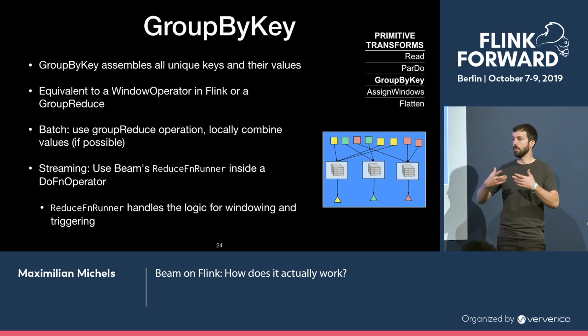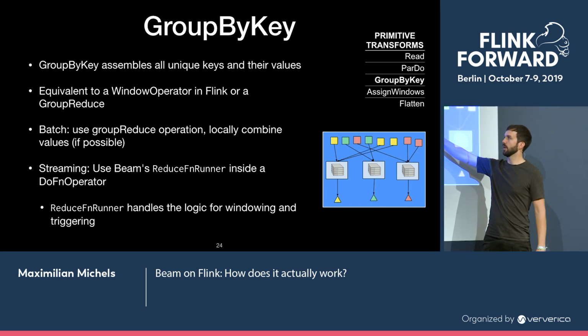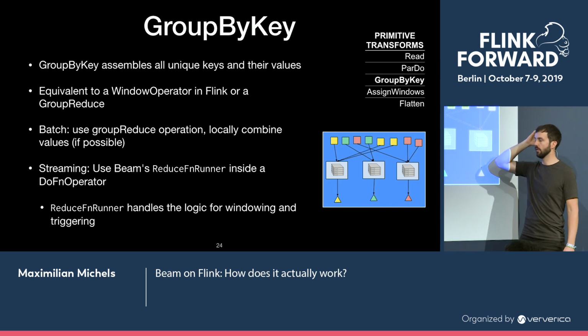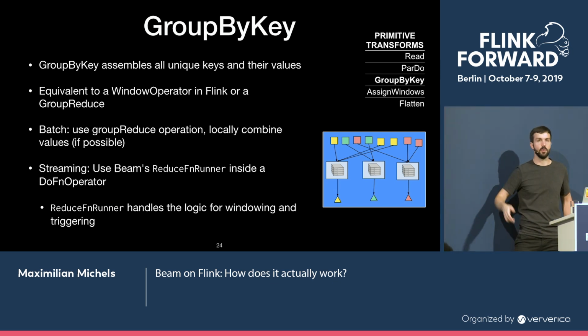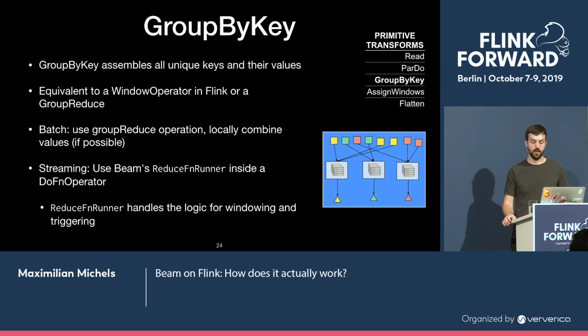We send all the elements which have the same key to one machine, and there the ReduceFnRunner runs and decides when the window is ready to fire and when we can execute the window function.